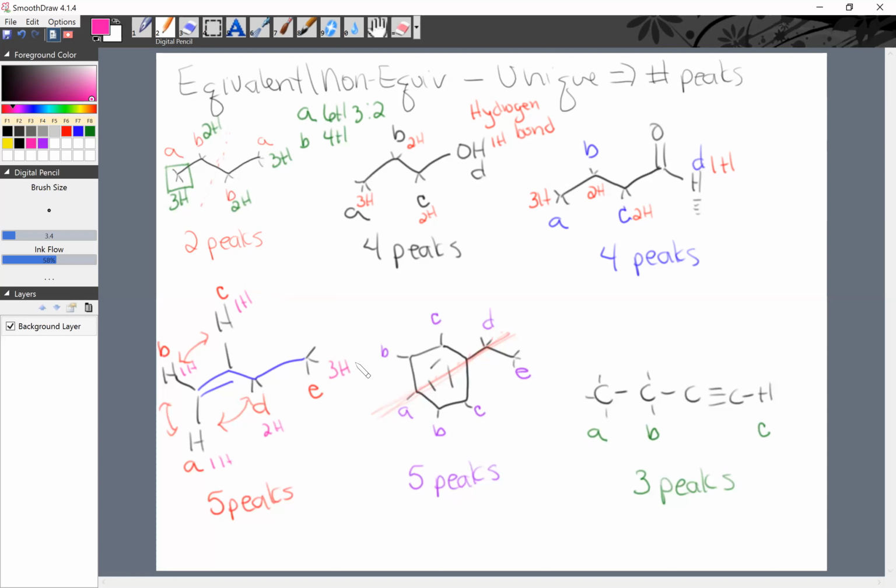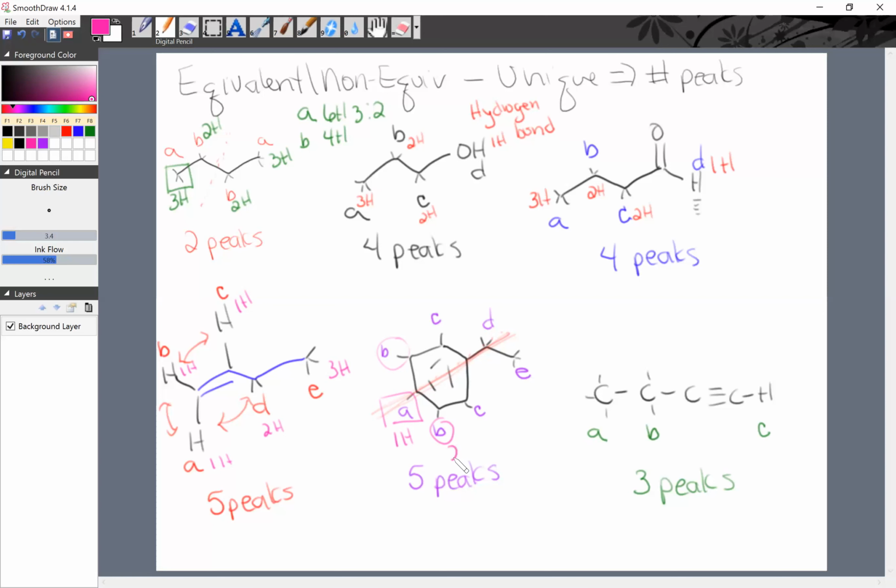So if you'll notice, there's nothing different when we're talking about the integration. It literally is how many hydrogens are making that peak. All right, this one, A, will only integrate for 1 hydrogen, where remember this one and this one are the same. So just like the above alkane, those are the same.